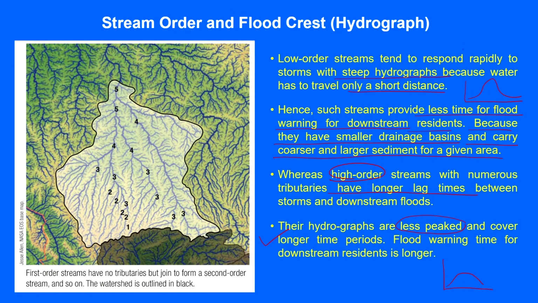So now you can use this information to say which area will have quicker floods and which areas will have floods which will be slightly delayed, and that you can issue the warnings accordingly. This is the beauty of using the drainage pattern, looking at the stream orders and then extracting the information. So, using satellite data you can do this.